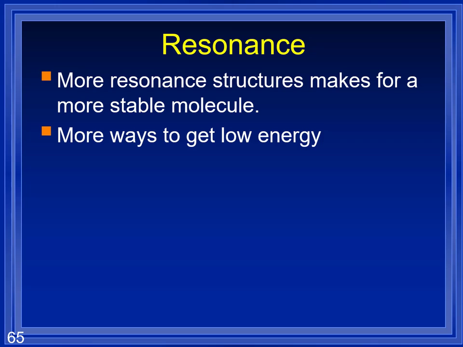That's what we're trying to get to, the lowest energy. So lots of polyatomic ions have lots of O's around it because the more O's they can fit on, the more resonance structures they have, the more stable they are.